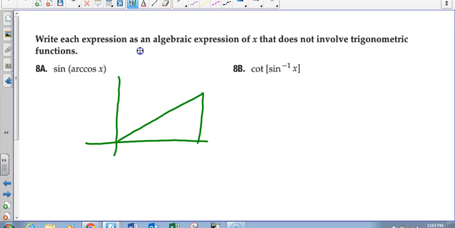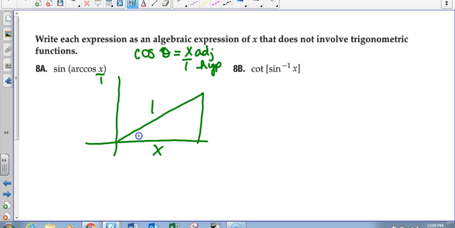Okay, cosine, I'm trying to find where the cosine, some angle, is x or x over 1. Cosine is adjacent over hypotenuse. So on this triangle, I'm going to put x on the adjacent side and 1 on the hypotenuse. So where is the cosine?